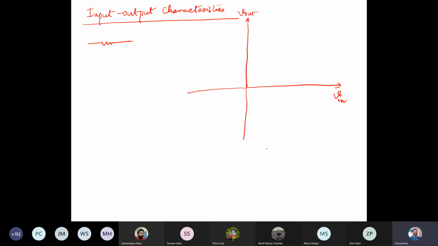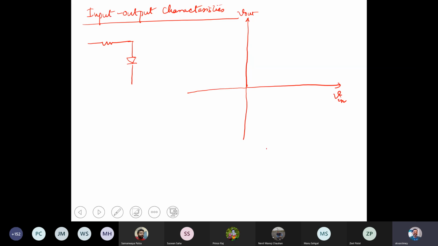So instead of measuring the output across the resistor, we are measuring the output across the diode. So connected the V in, and let's say V input voltage, R, and this is a diode D.